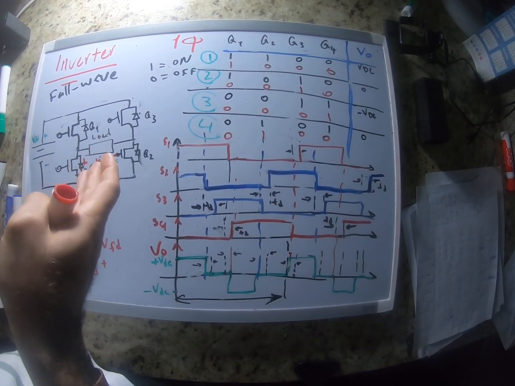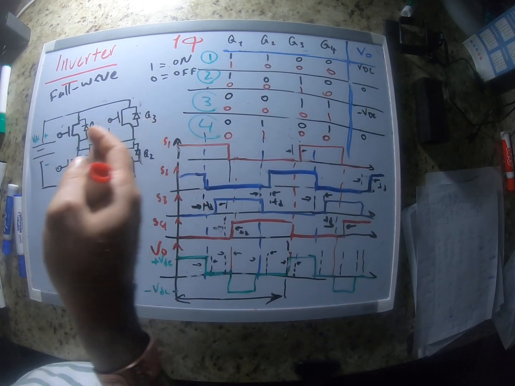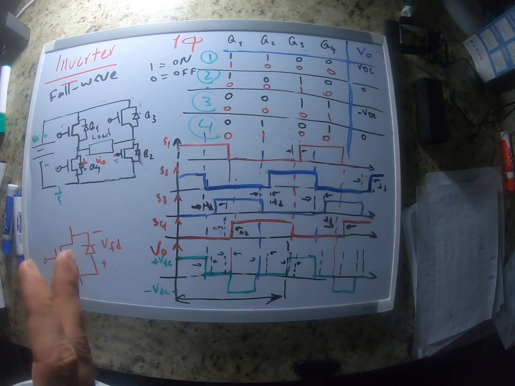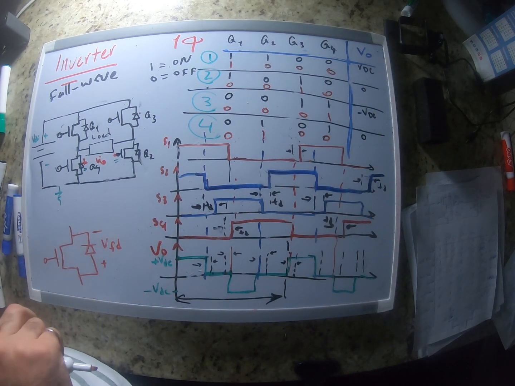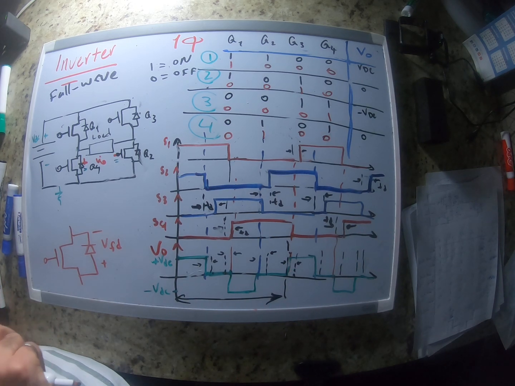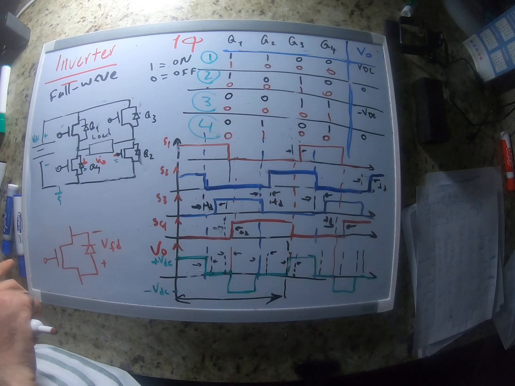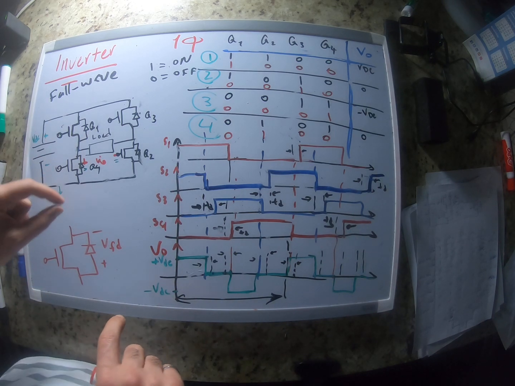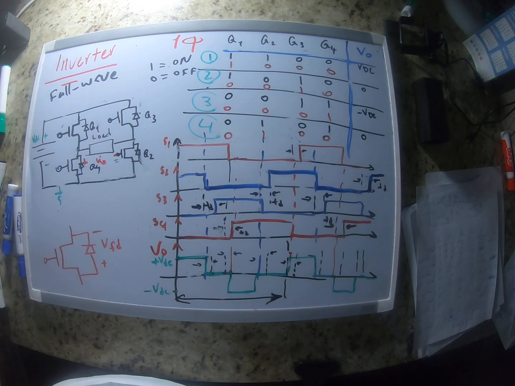In practice we don't have ideal switches, right? So we either have MOSFETs or IGBTs. As I mentioned, one practical consideration that we should have for both inverters and rectifiers is that we can't turn this one on and this one off instantaneously, right?